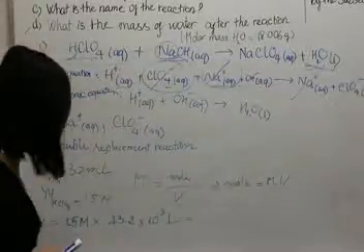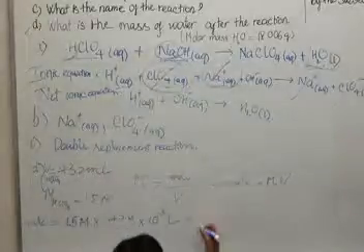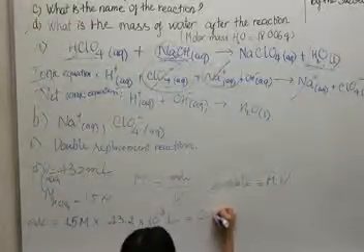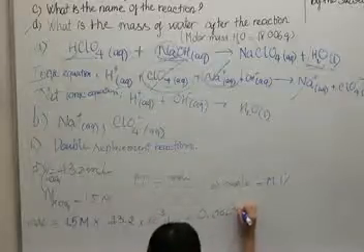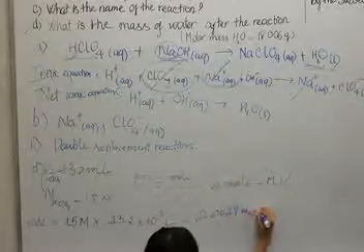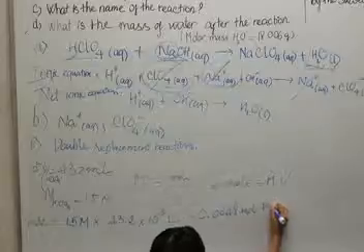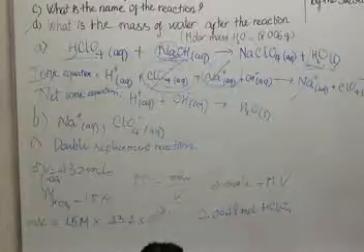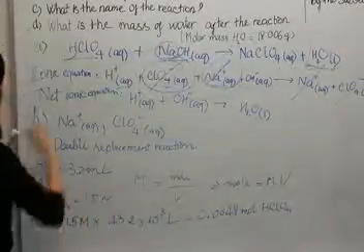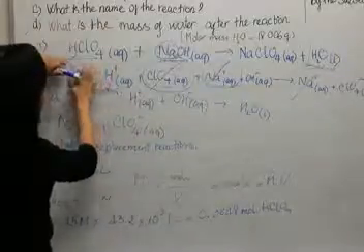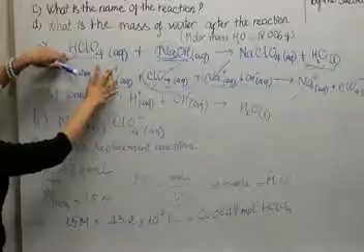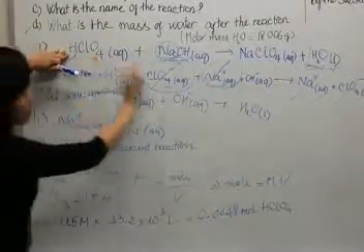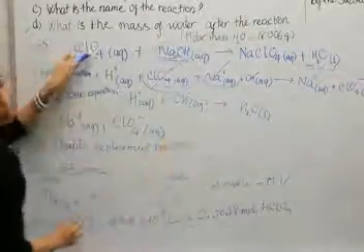So my moles of acid are going to be equal to 0.0648 mole of HClO4. Looking back at the reaction here, the ratio of my acid and water is 1:1.